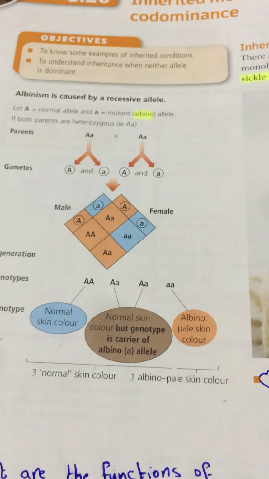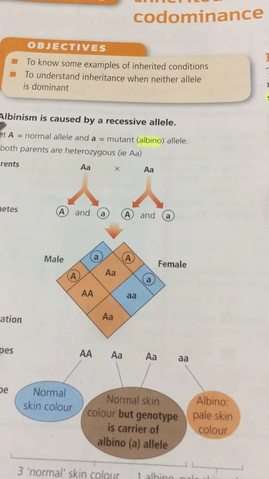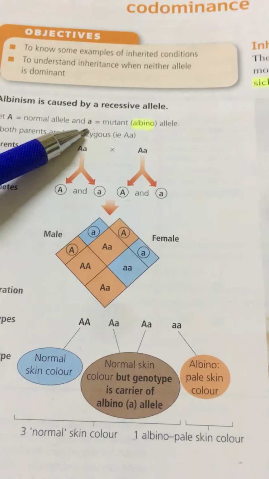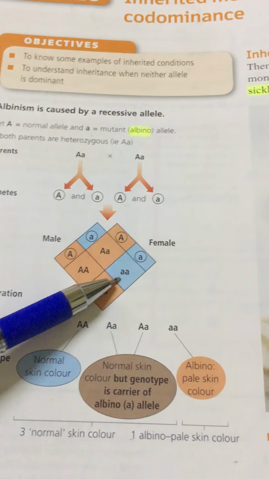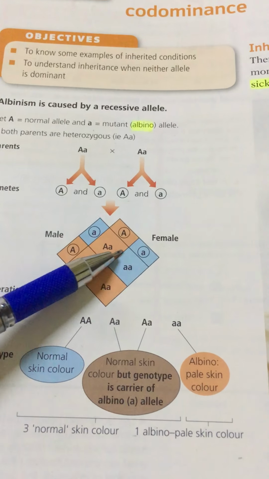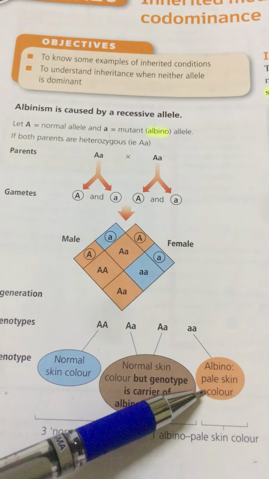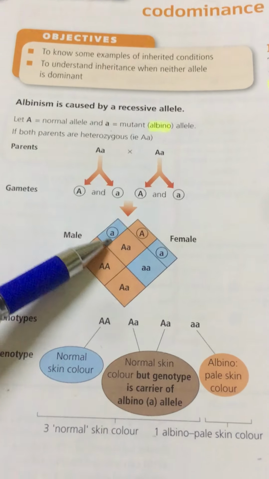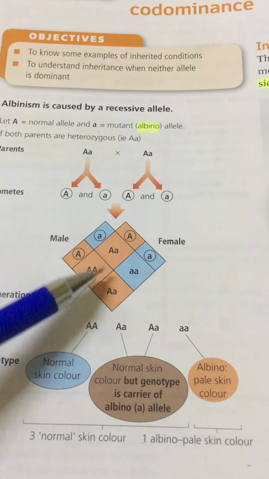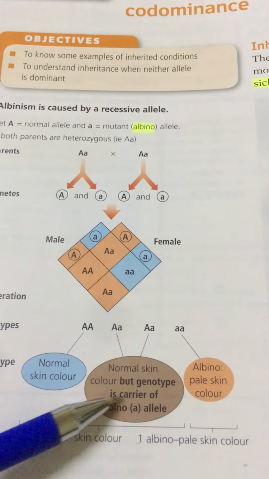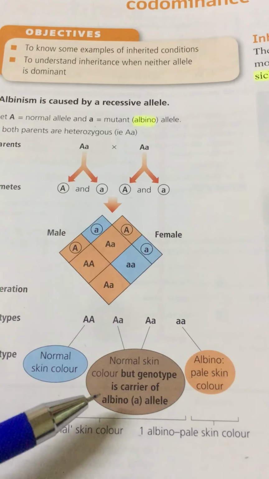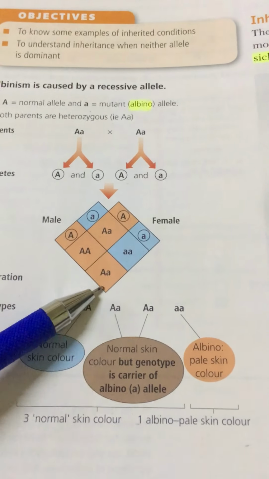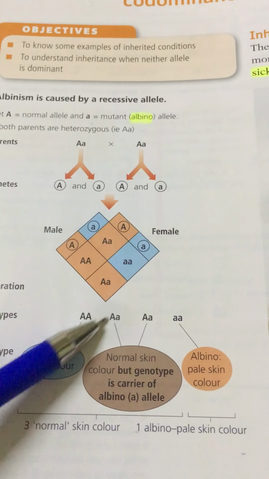Albinism is caused by a recessive allele, and the recessive allele here is A small. Only this offspring will have albino pale skin color. By having one A small allele, the offspring carries the albino allele, but they are not having albinism.